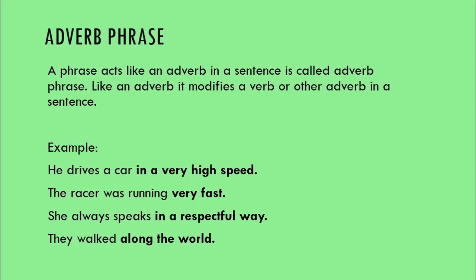So in a respectful way indicates an adverb because it modifies the verb speaks. They walked along the world. So along the world indicates an adverb. Right. They walked along the world.